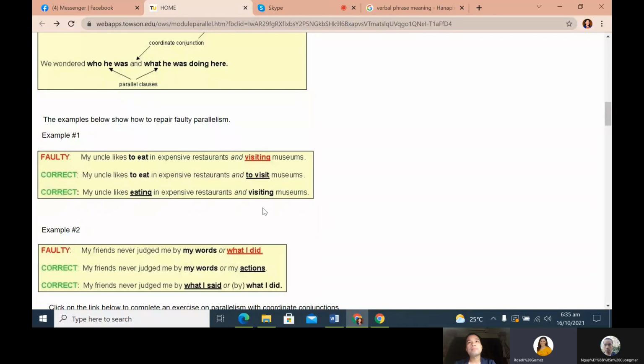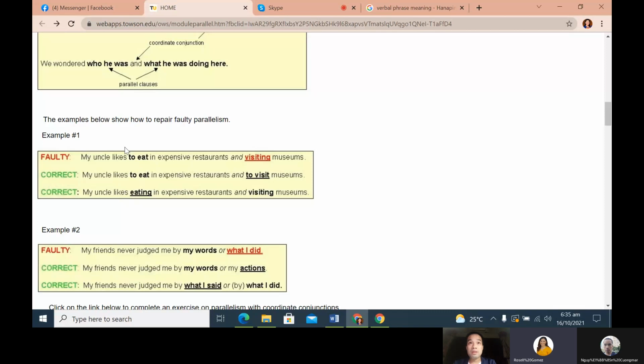It's wrong. This is not parallel. What is wrong? You are not using parallel structure. Normally, when I write the same first sentence, is it correct in grammar? It's wrong in grammar.